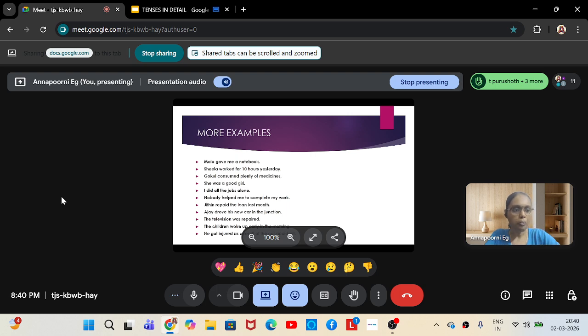Jitin repaid the loan last month. Ajay drove his new car in the junction. The television was repaired. The children woke up early in the morning. He got injured as a result of the car accident. Very good. It's not wake up, it's woke up. Simple past tense, okay?